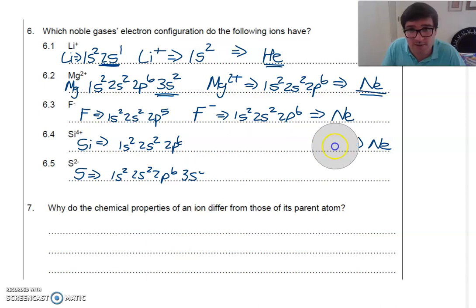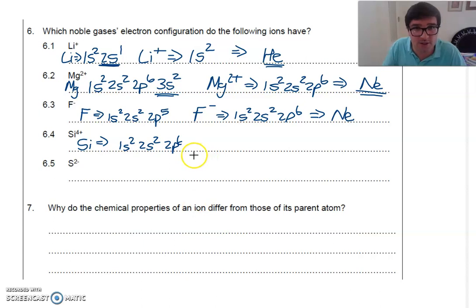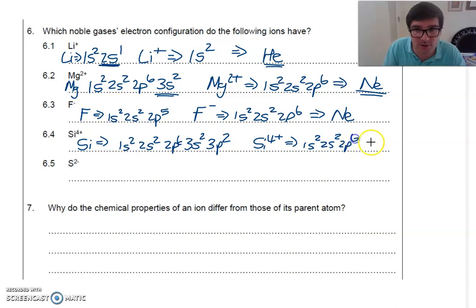Let's just correct the last two. So it should be 2p6, and then it should be 3s2, 3p2. And it will still become, if it becomes a silicon ion, 1s2, 2s2, 2p6, losing the last 3, which is similar to that of neon.